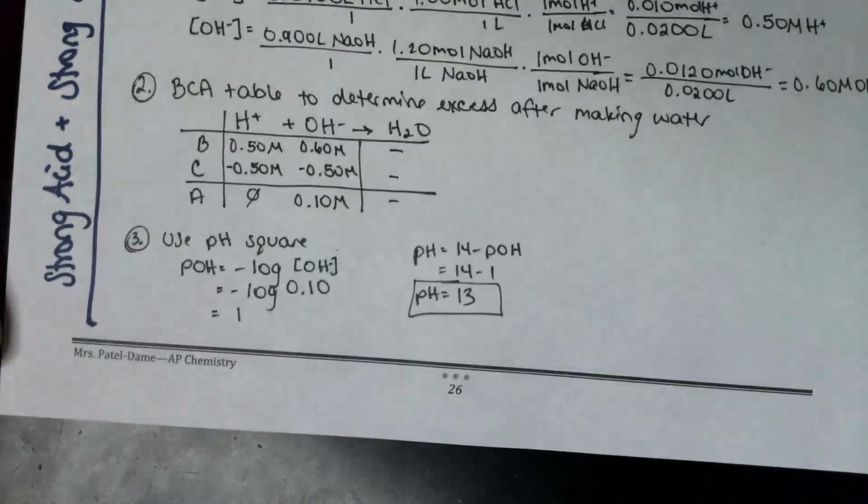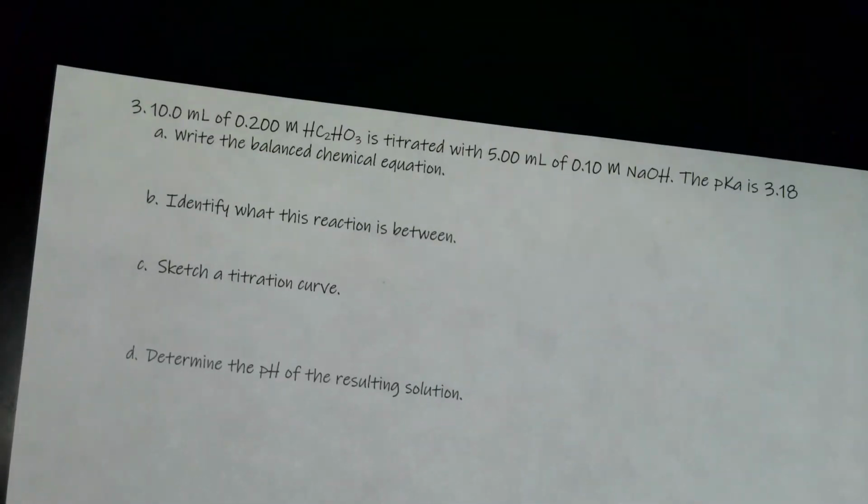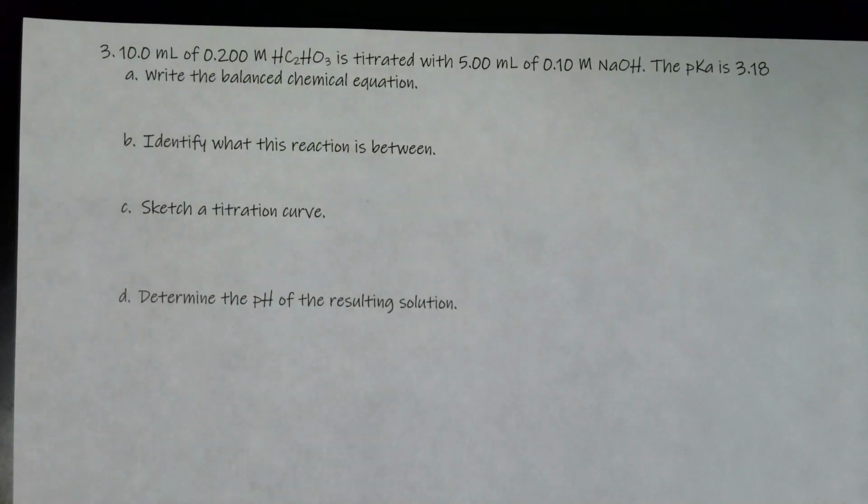All right, so that's fairly straightforward. The only new thing here might be the BCA table, but again, not too difficult. Taking a look at our next one, here we have 10 milliliters of 1.200 molar HC2H3O2 that's titrated with 5 milliliters of 0.10 molar NaOH.